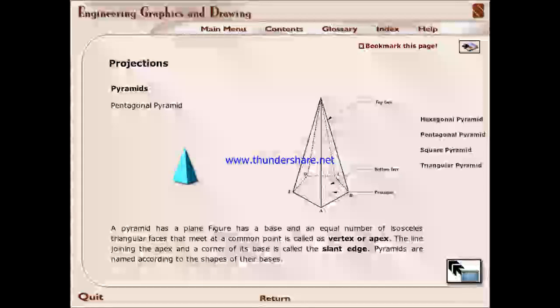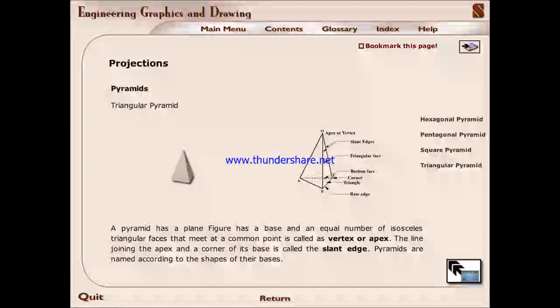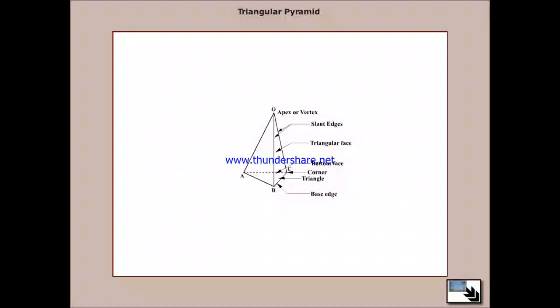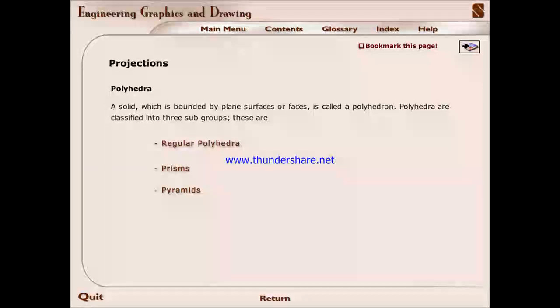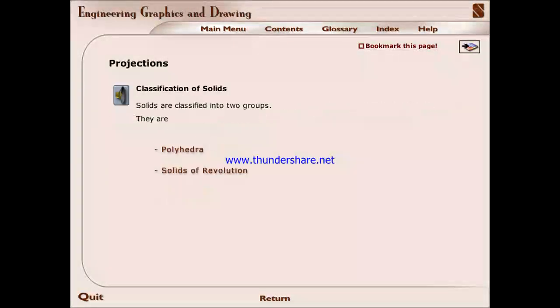And next, the last one is the triangular pyramid. Same way we will define vertex or apex, etc., as previous. So this is a triangular pyramid. These are the definitions of all.